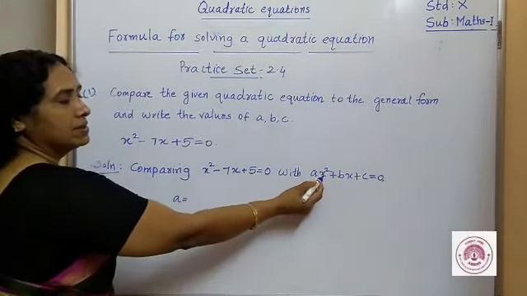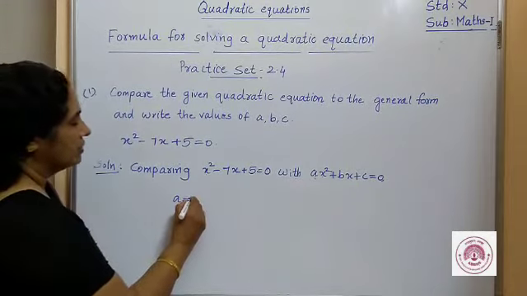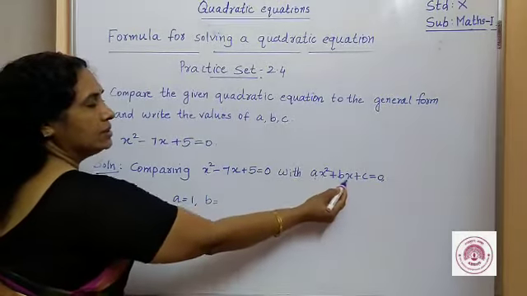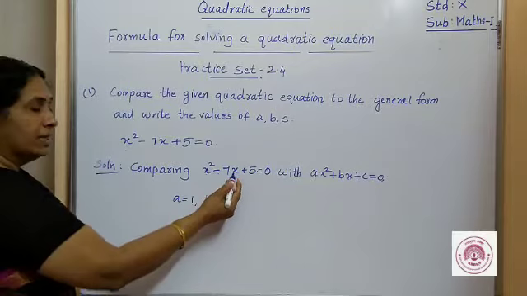Here a means it is the coefficient of x square. Here coefficient of x square is 1. So a is equal to 1. b means it is the coefficient of x. Here coefficient of x is minus 7.